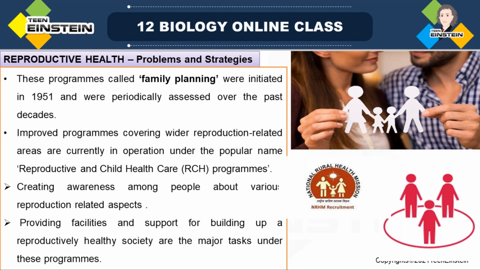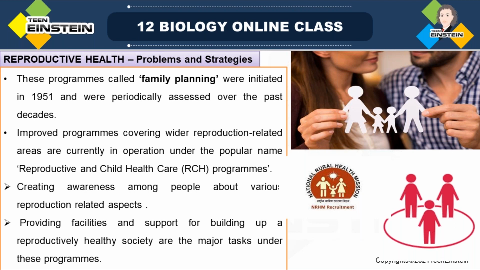So in India, the family planning program was initiated in 1951. And for the past 10 years, we are doing assessment. Right. And the family planning program was made wider, with a lot of improvements.